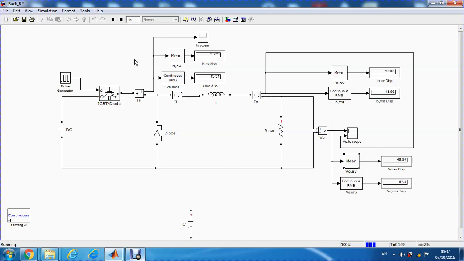After we finish this simulation, we will see the effect of changing the pulse width modulation actually, and see how we can change the average value while keeping the switching frequency constant.